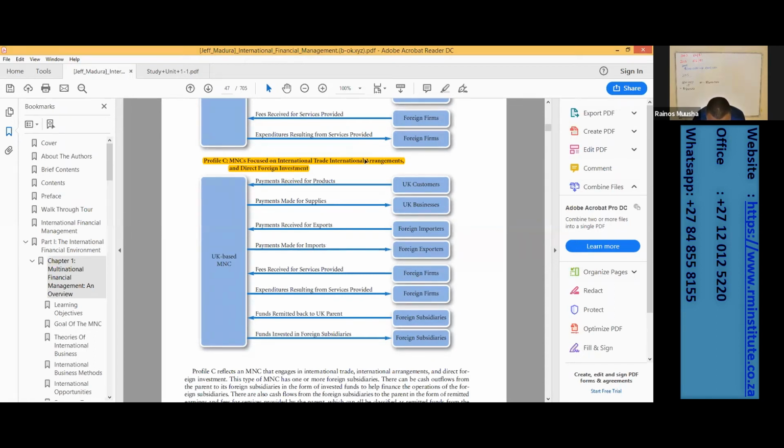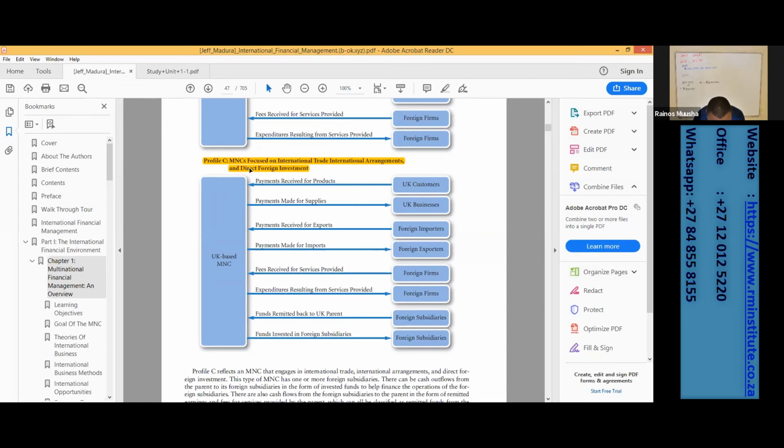And then with international arrangements, this is where there is the import and export of services. In this case, there are going to be fees received for the services provided, and expenditure resulting from services provided by the foreign company as well.